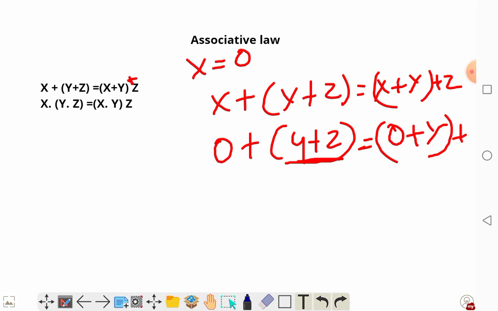Now when x is equal to 1, what is the value of x? X is 1.